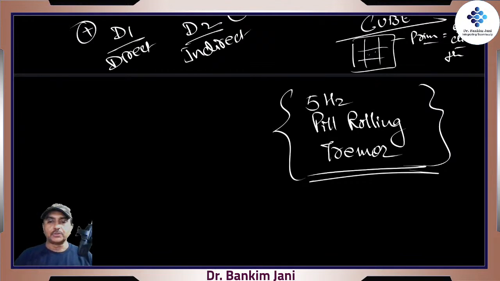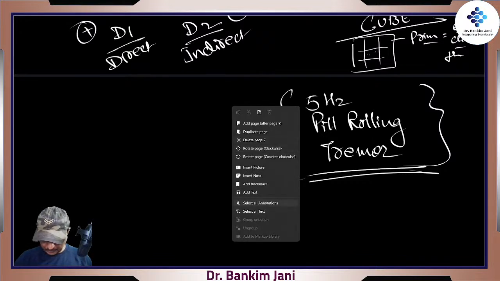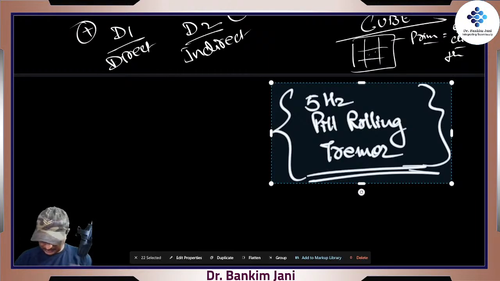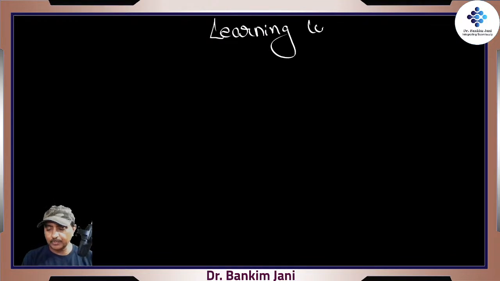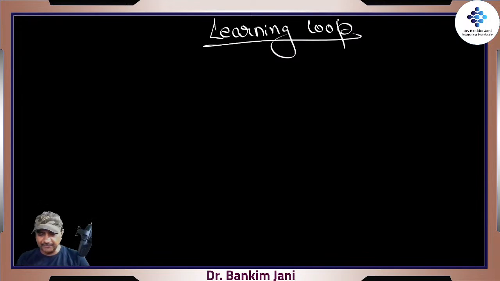Okay, so these are the two important loops, right? I'm just removing this because as such we'll be discussing it in Parkinson's, so that the flow continues in the normal way. Okay, our next loop is the learning loop, right? It is a learning loop. So today's session, everything is written in the form of keywords.